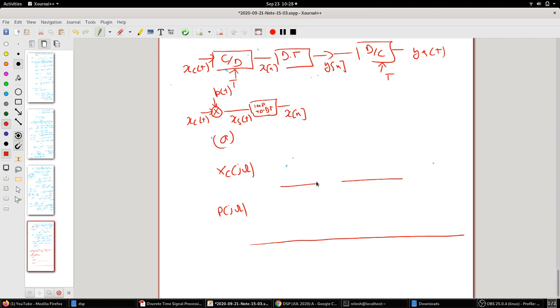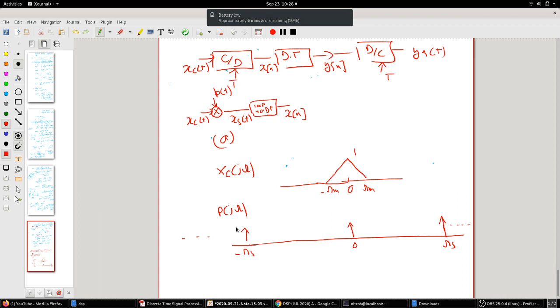Let's say this is omega m, this is minus omega m, and this is 0, this is xc of j omega, and this is 1. P of j omega has impulses at 0, at omega s, at minus omega s, and this continues till 2 omega s.